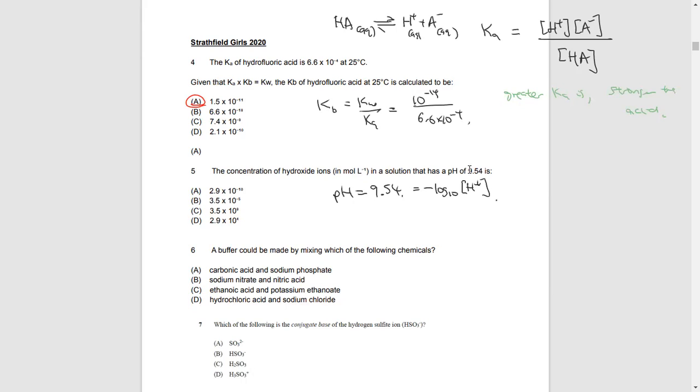Now, it may be helpful and quicker to just work out pOH. Remember, pH plus pOH equals 14. So pOH would equal 14 minus 9.54, which means it's 4.46. And then, of course, to get from there to the concentration of OH minus is just going to be 10 to the power of negative 4.46.